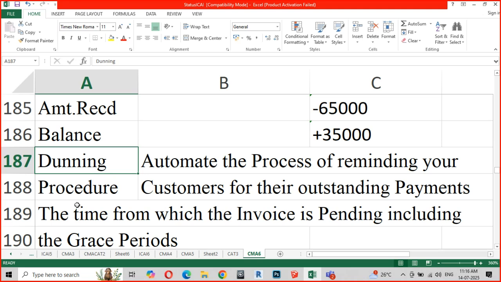So what should the dunning procedure involve? First and most important, it should consider the sales invoices which are overdue, crossing the payment or receipt time.